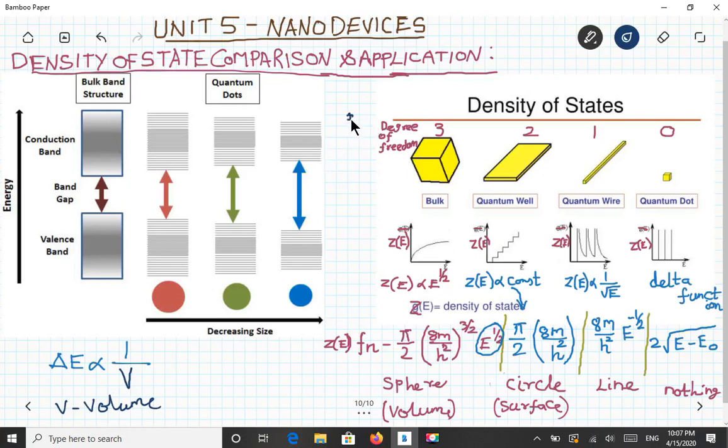This is impossible without reducing the size of the material. So we need to reduce the size of the material so that the efficiency will also increase. This is the main target.